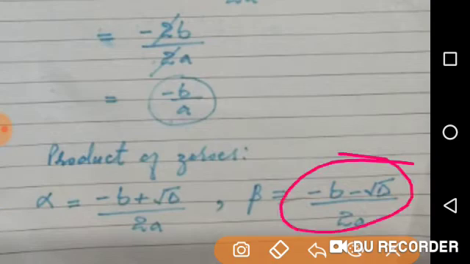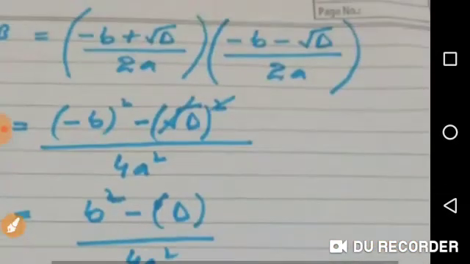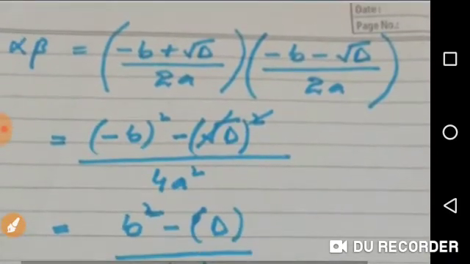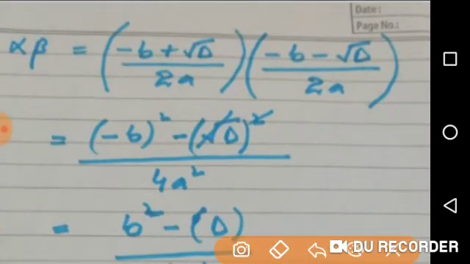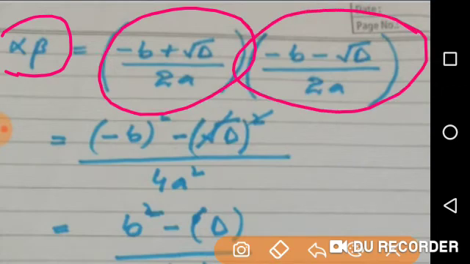Now we will find their product. We will multiply them to get the formula for the product of zeros. Alpha into beta is equal to minus b plus root of d divided by 2a into minus b minus root of d divided by 2a.